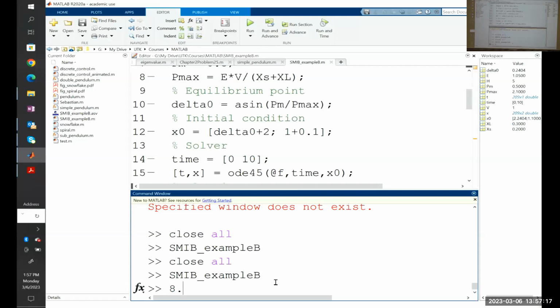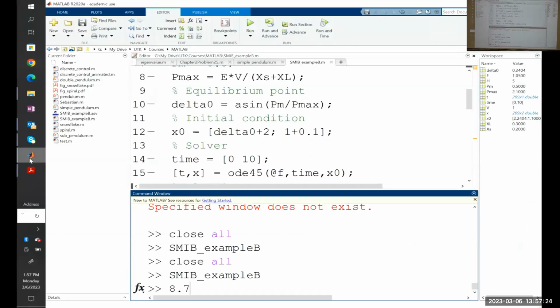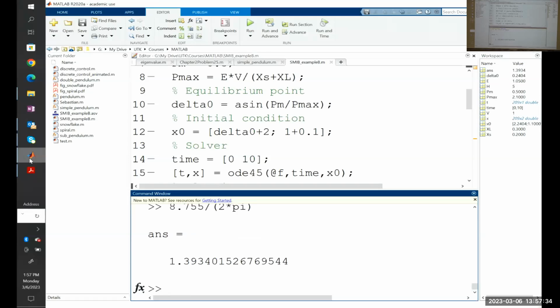Do you remember? 8.7. Here it is, 8.755. So if we take that value, the imaginary part of the eigenvalue, and divide it by 2 pi, then we get the frequency. And the frequency is 1.39 hertz. So 1 over that will give you the period, which is 0.7 seconds.